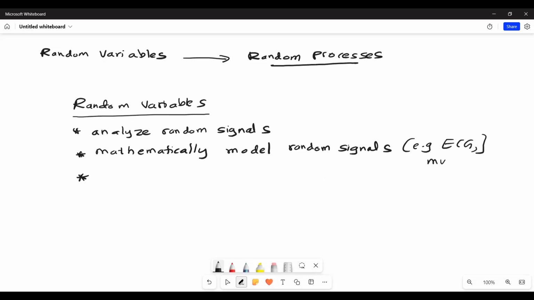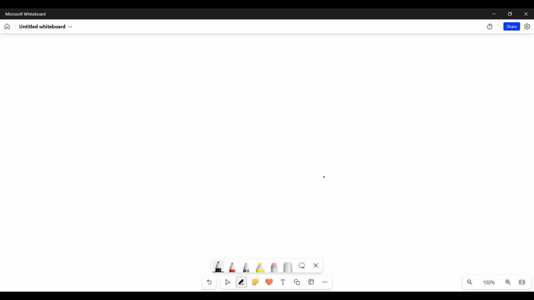So how can we define the random variable? What are the parameters of a random variable? What is a random variable? Right?